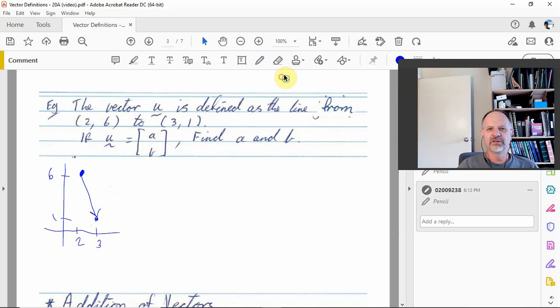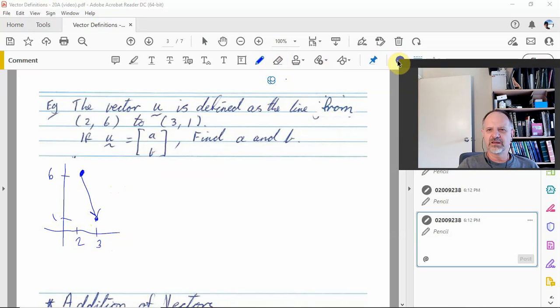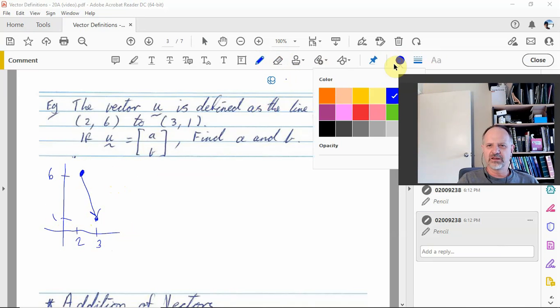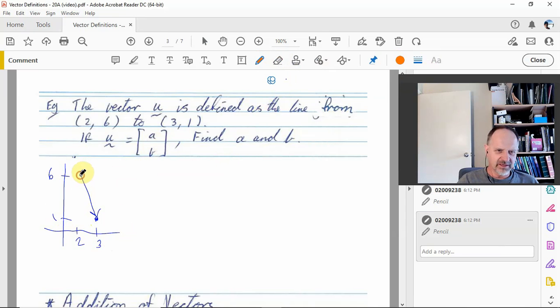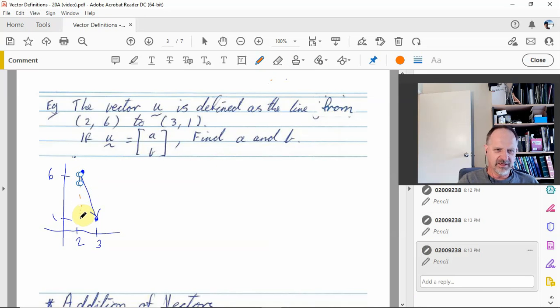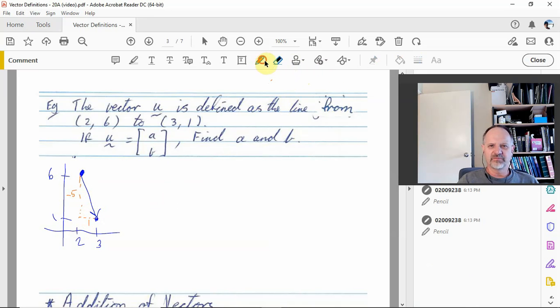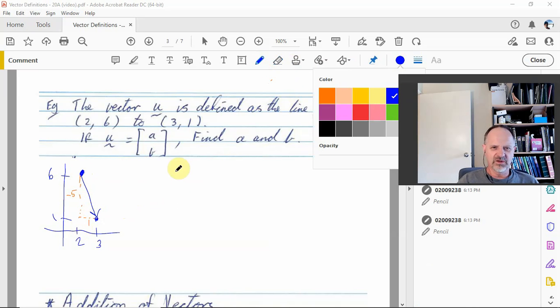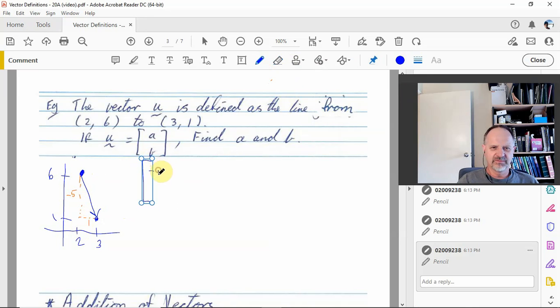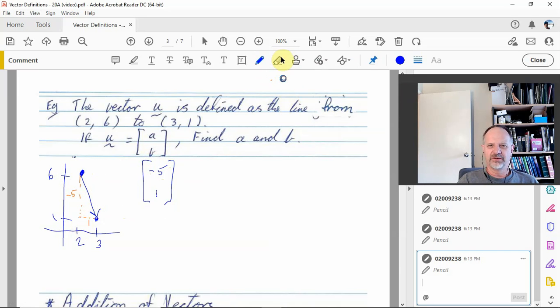If I change the colour, I've come down from 6 to 1, so I've come down 5, and then across 1. So this particular vector is 5 down and 1 across to the right, and I could write that vector as (1, -5).